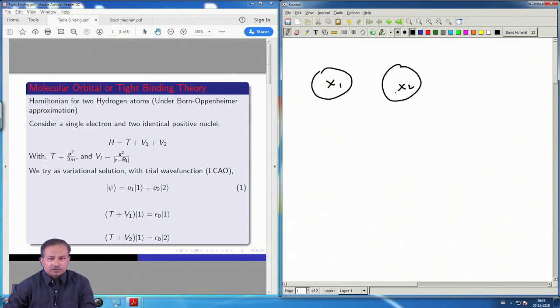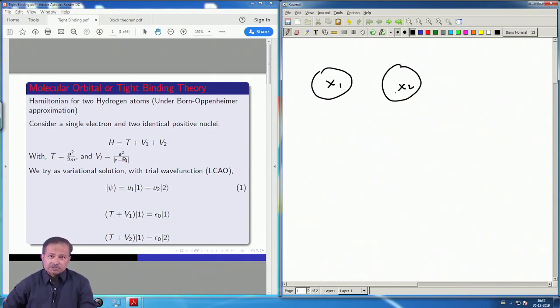Then of course we argued one more important thing: there is something called a trial wave function, a variational principle in which a trial wave function is chosen, and that trial wave function is optimized with respect to the variational parameters in the wave function, so that we get the lowest energy solution.